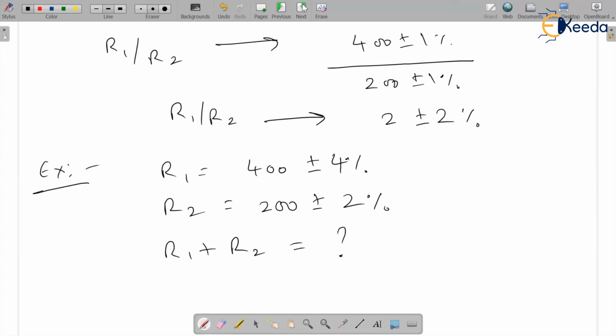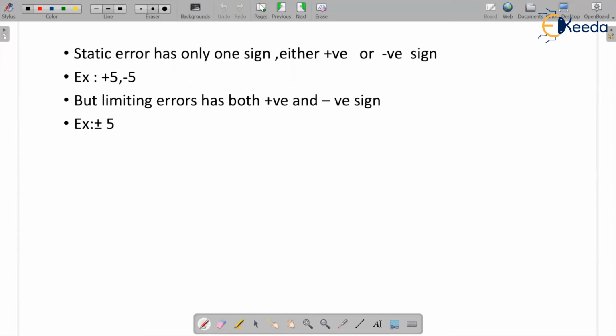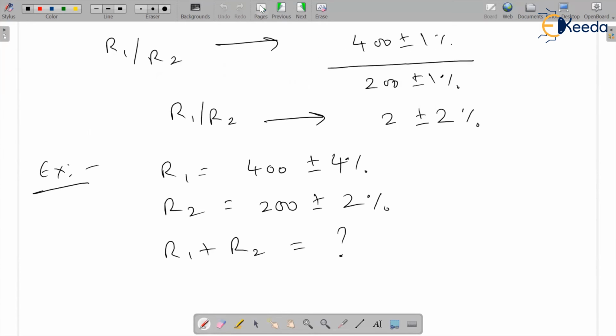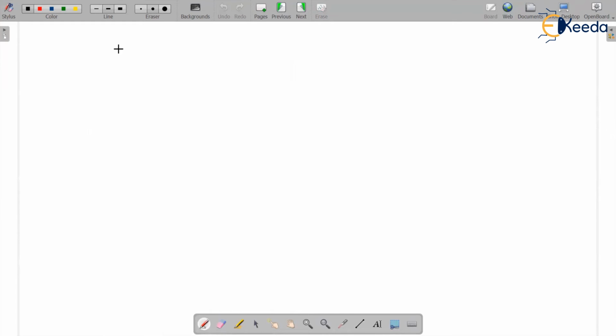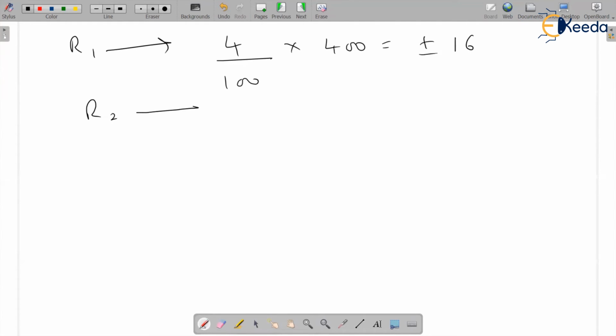So I should convert to magnitude now. 4 percentage of 400 is equal to plus or minus 16, and R2 gives 2 percentage of 200, which gives plus or minus 4.